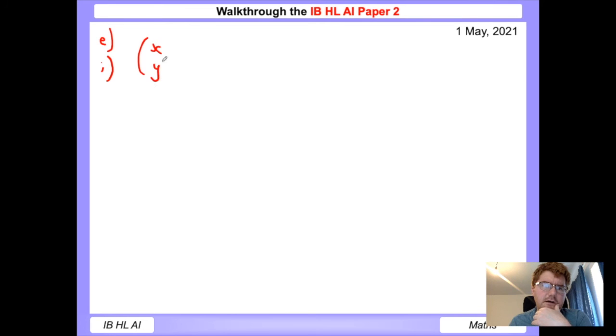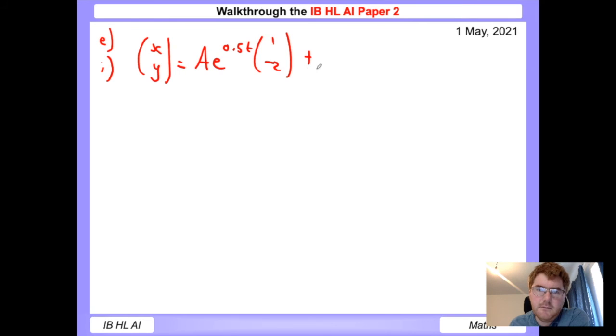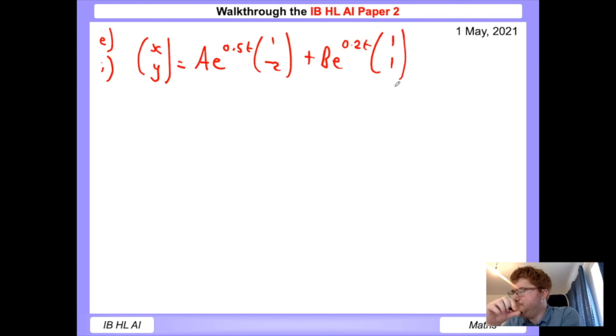So (x, y) was equal to a e to the power 0.5t, and that was associated with (1, -2), plus b e to the power 0.2t (1, 1), like so.